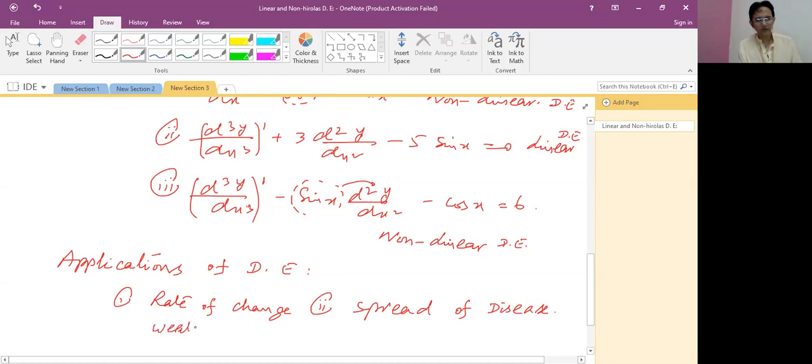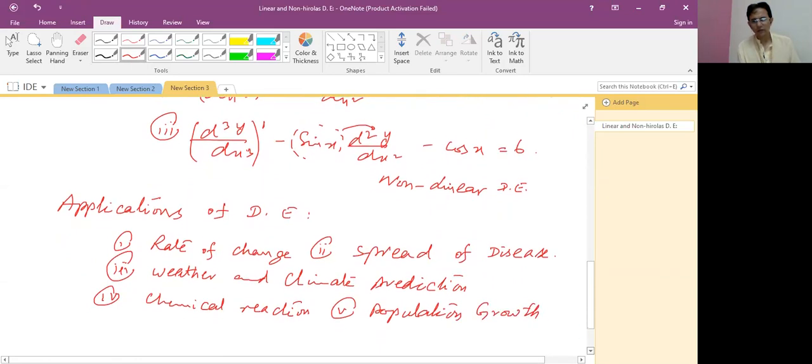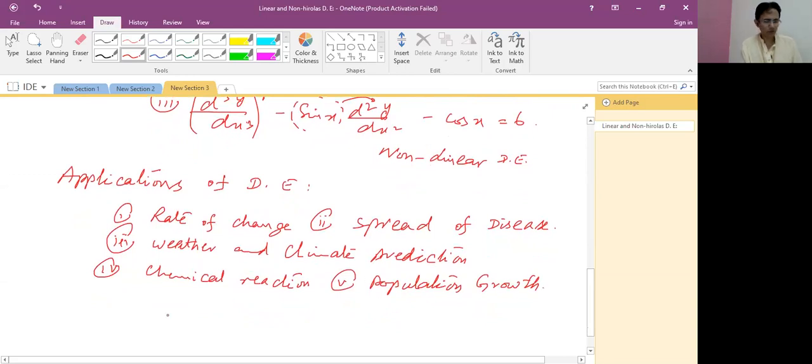Weather and climate prediction with the help of differential equations. Chemical reactions with the help of differential equations. Population growth: with the help of a differential equation model, we will find the population growth easily.